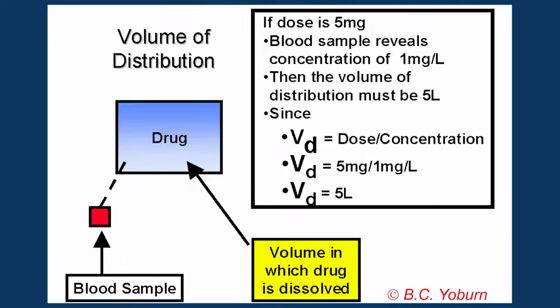Indirectly, it means that my total volume of distribution is 5 liters, because for every liter I have 1 milligram, and I have given 5 milligrams of the drug, therefore the total volume of distribution would be 5 liters. In effect, if your plasma concentration is higher for any drug dose you give, then the volume of distribution becomes smaller. If the plasma concentration is lower for any drug dose you give, it means more and more drug is outside the vasculature, outside the blood volume.